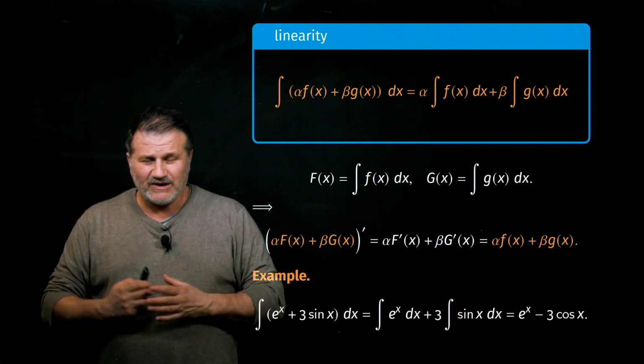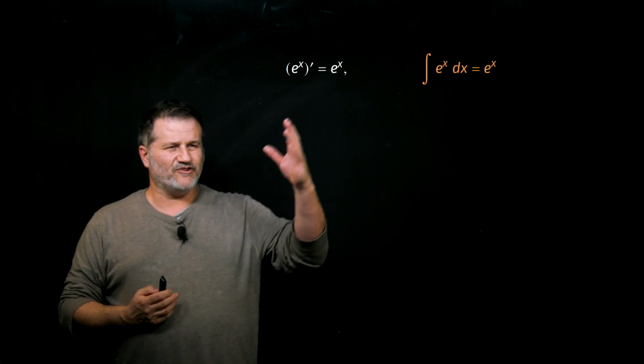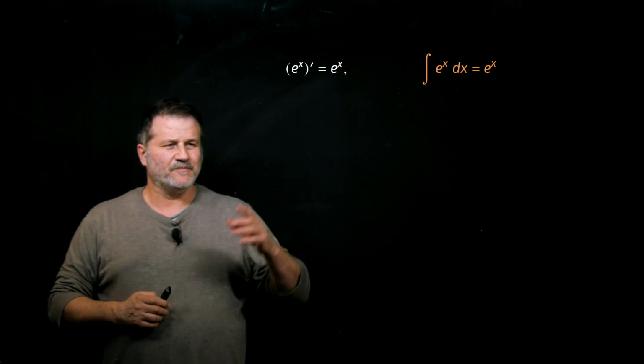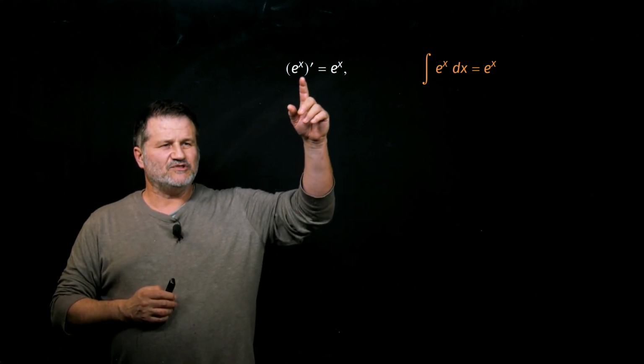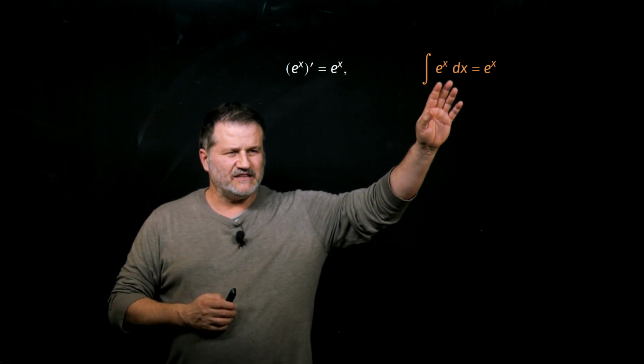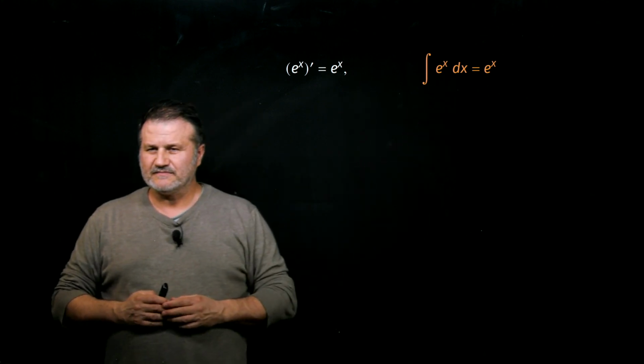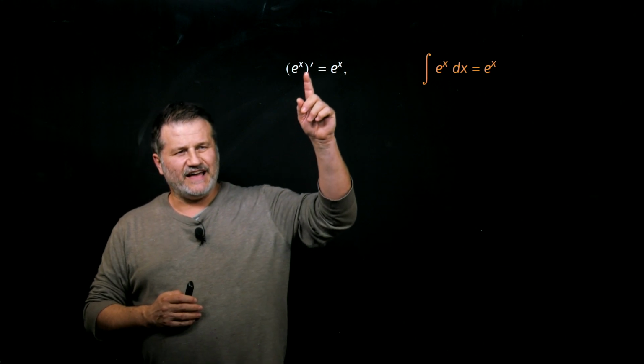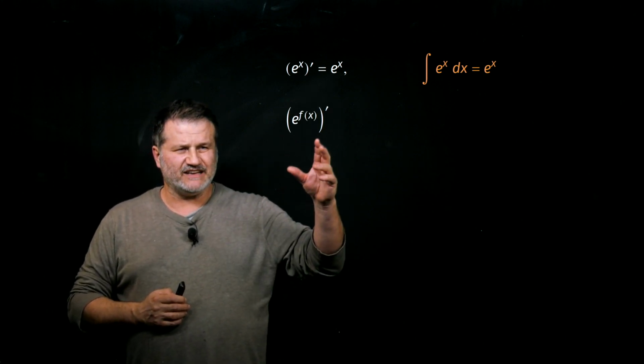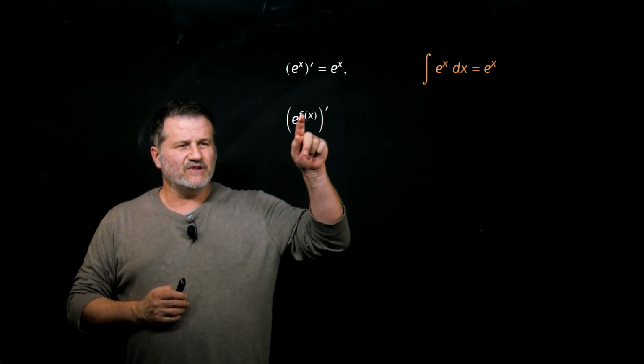To enlarge a bit our skill, let's return back on a formula for the primitive of the exponential, for example. Now, the derivative of e to x is e to x means that the primitive of e to x is e to x. What if, instead of x, here we have an expression of x, so a function of x, e to f of x?